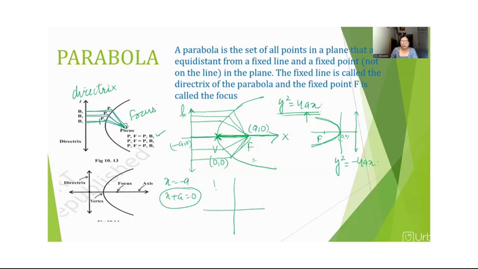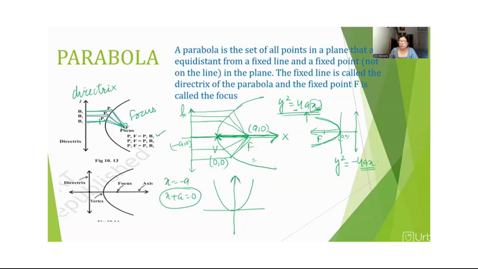A parabola can be symmetric about the positive direction of the y-axis. In this case, how you can remember this: if your positive x direction is the axis of the parabola, then y square is equal to 4ax, with positive x. Here, the negative x-axis is the axis of the parabola.